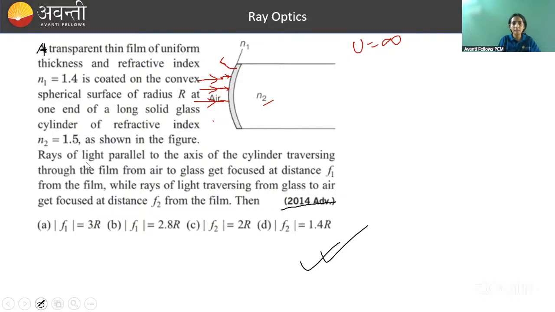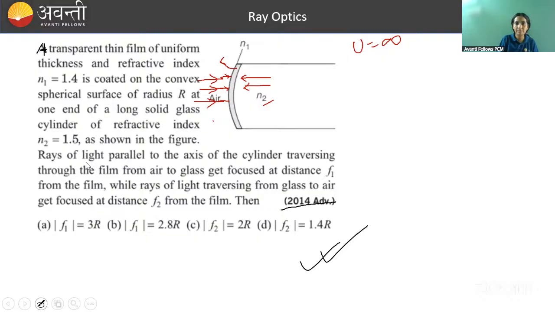ठीक है. And while rays of light traversing from glass to air get focused at a distance f2, and similarly if you are allowing parallel rays of light to fall from this side, then it is getting focused at a distance f2. ठीक है. अब तुम खुद सोचो, this system is acting as a curved surface, right, which is separating two medias, and whenever there is parallel light coming from somewhere, it will converge to a point that we will call the focus, right?